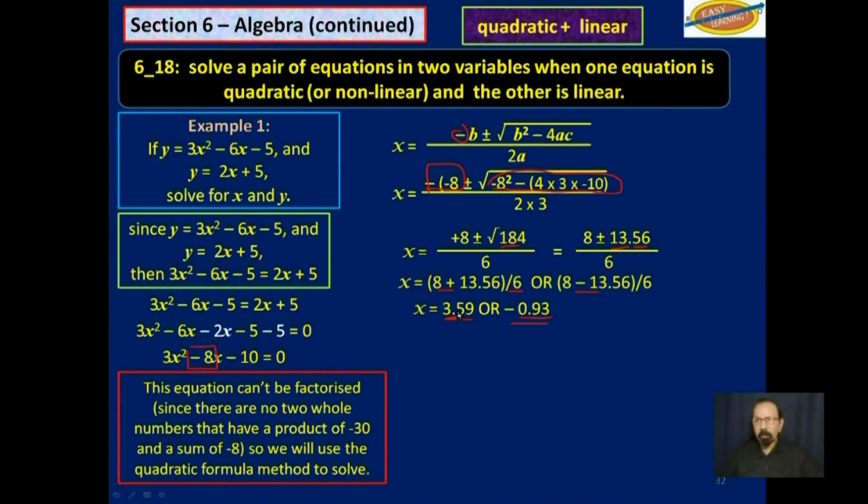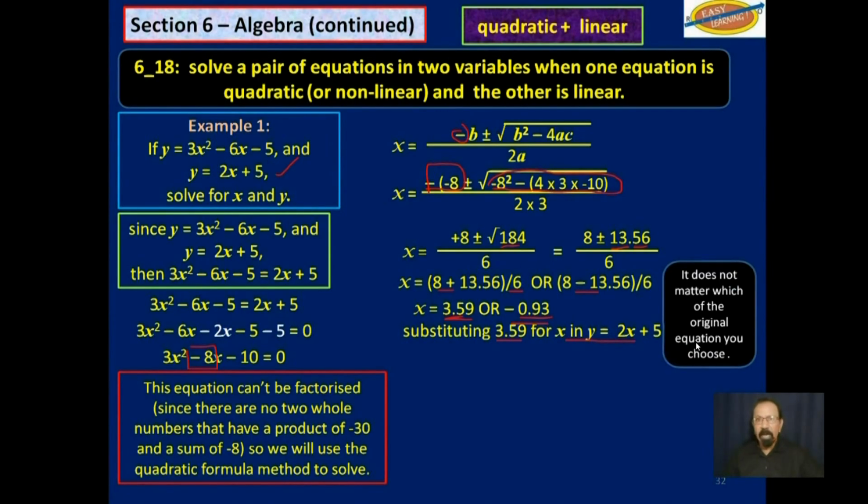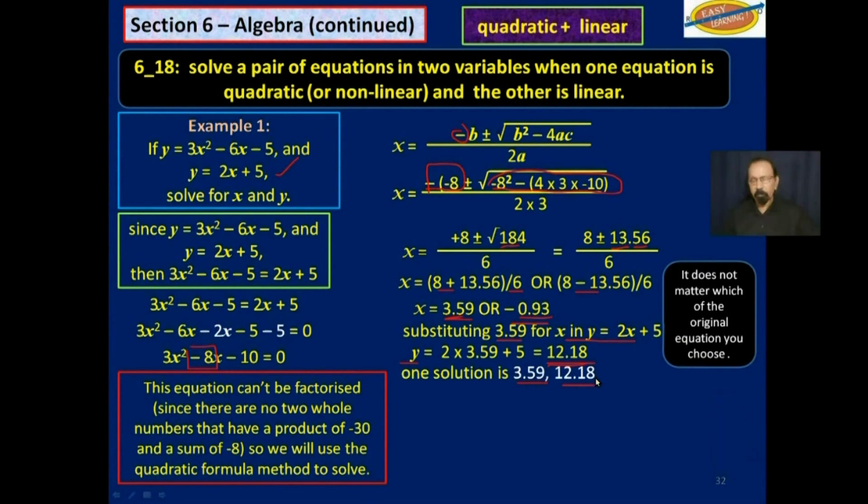But then we will substitute that in the equation to get the value for y. Now substituting 3.59 for x in this second equation here, you can use either equation, it makes no difference. We get that y is equal to 12.18. So the first point is 3.59 and 12.18.